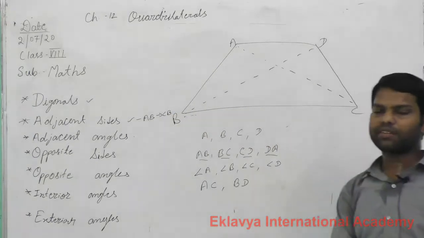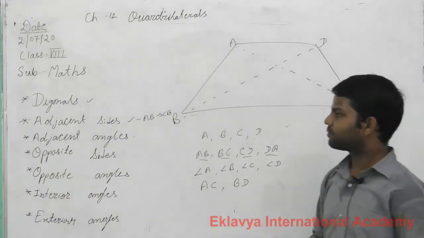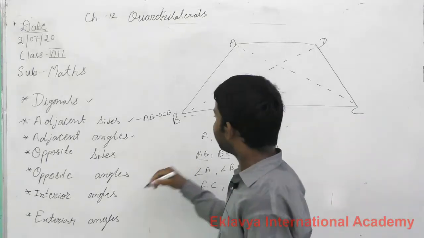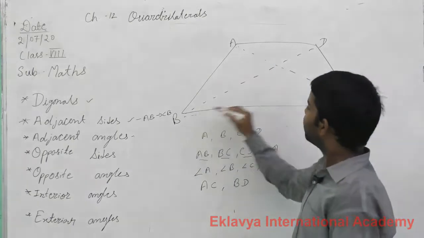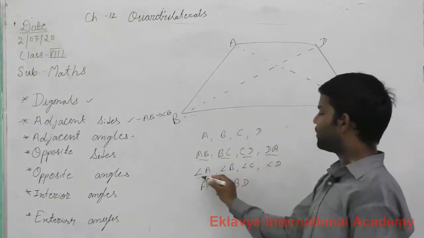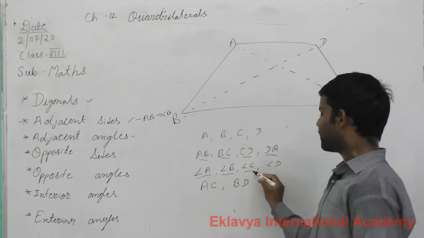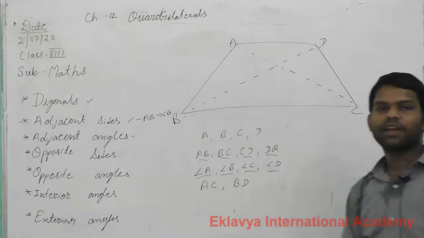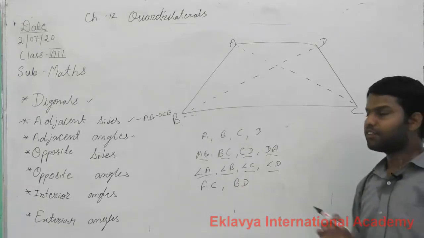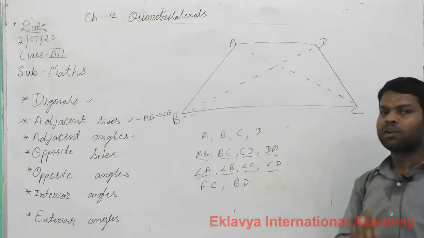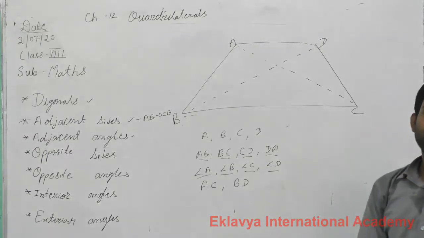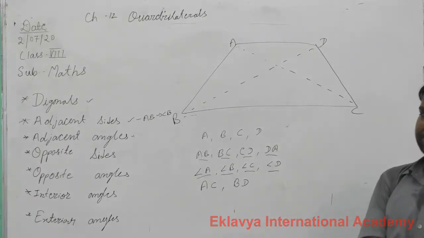Now second one is adjacent angle. In this figure we have four angles. First is angle A, second angle B, third angle C and fourth is angle D. In these four angles we have pairs of adjacent angles.